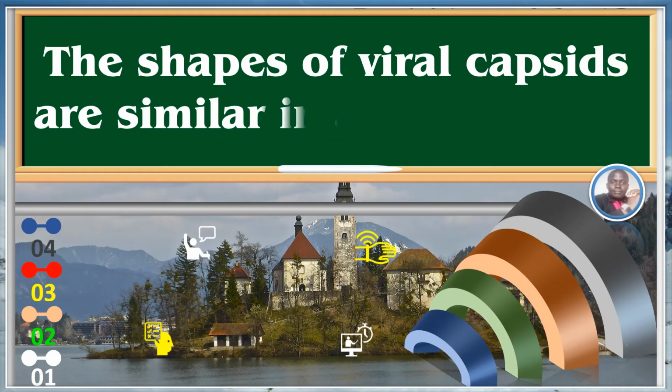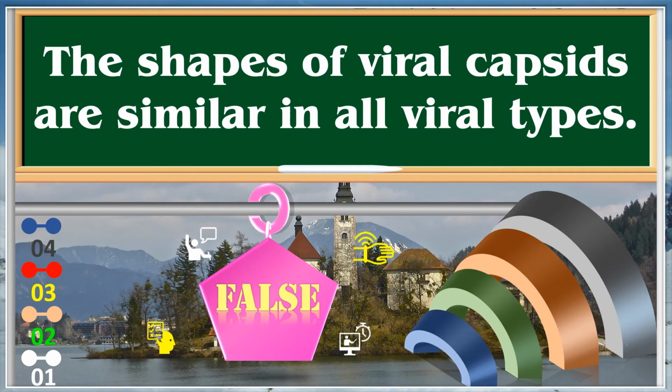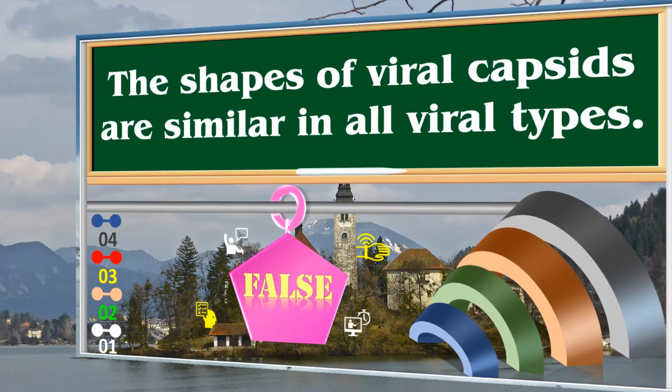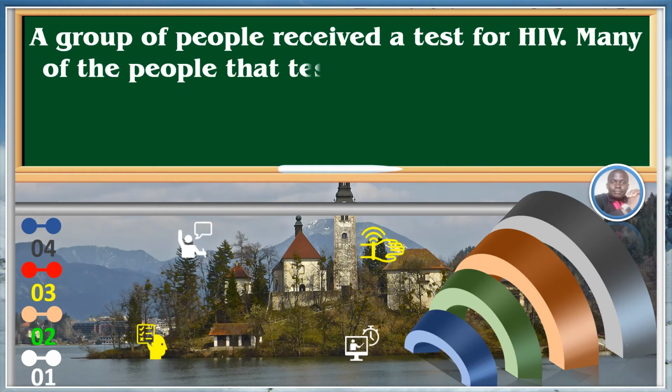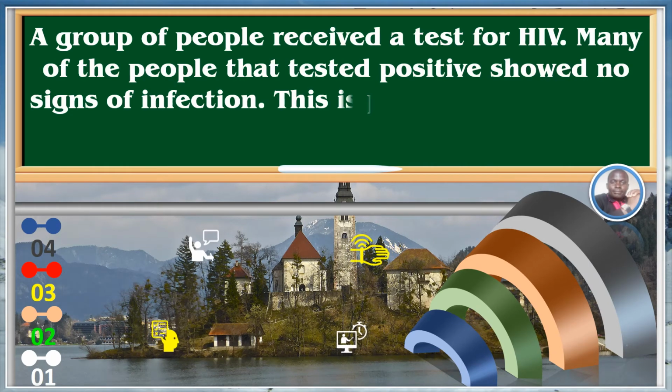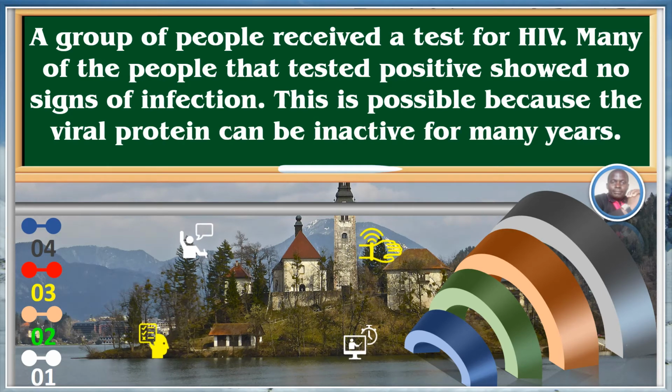The shapes of viral capsids are similar in all viral types. False. A group of people received a test for HIV. Many of the people that tested positive showed no signs of infection.